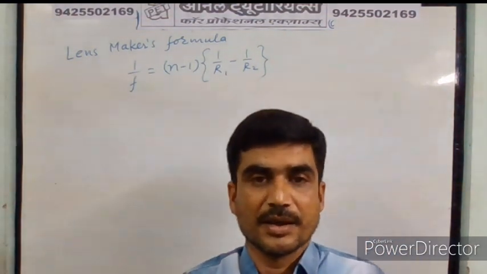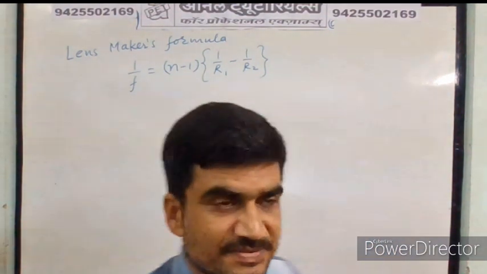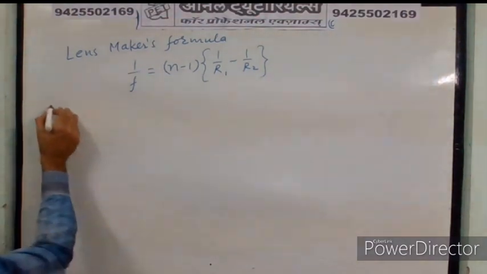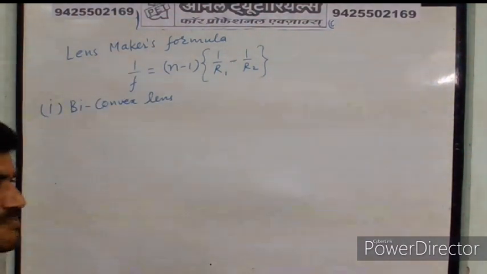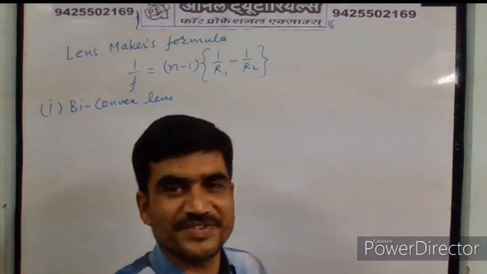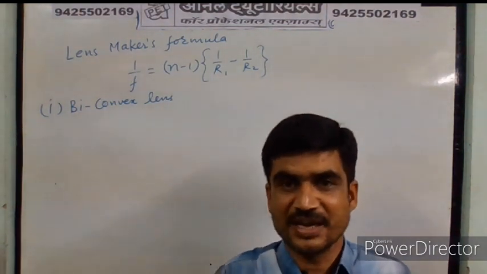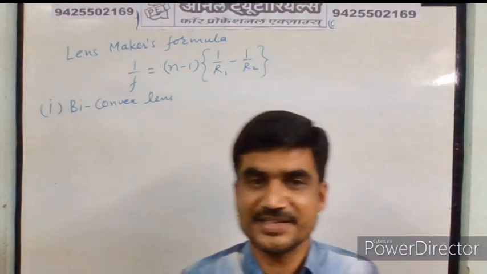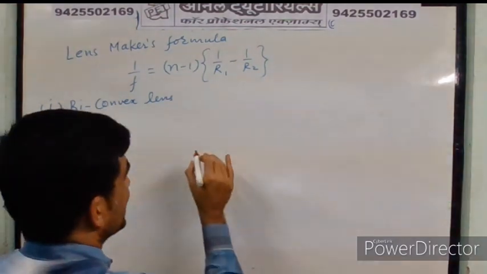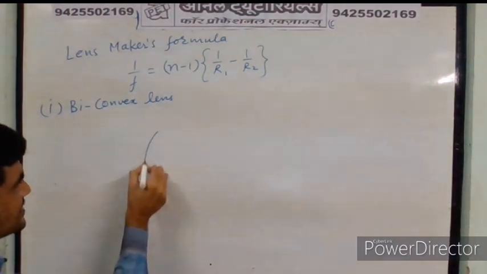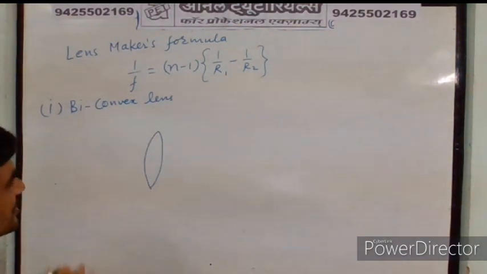We have a biconvex lens, first we are taking a biconvex lens. A biconvex lens is a lens whose both surfaces are convex. The first surface is convex, the second surface is also convex.